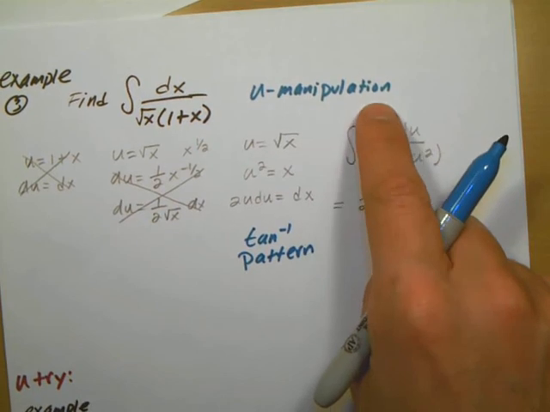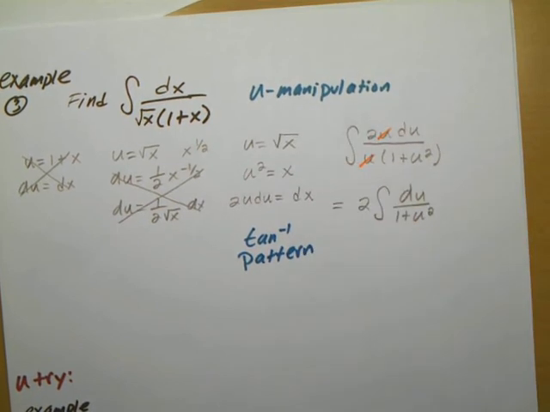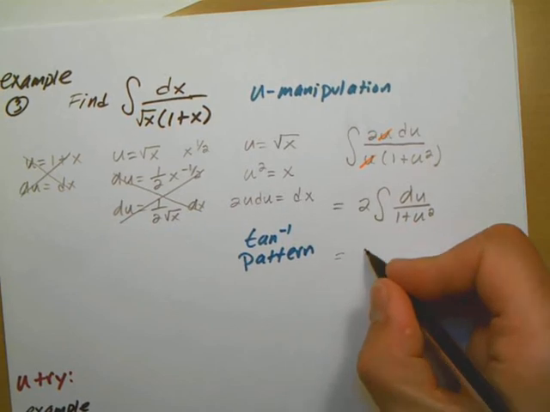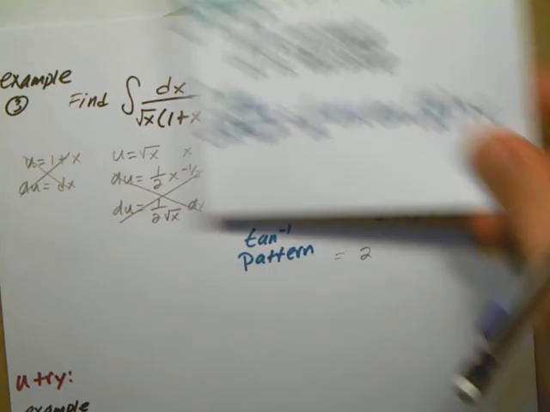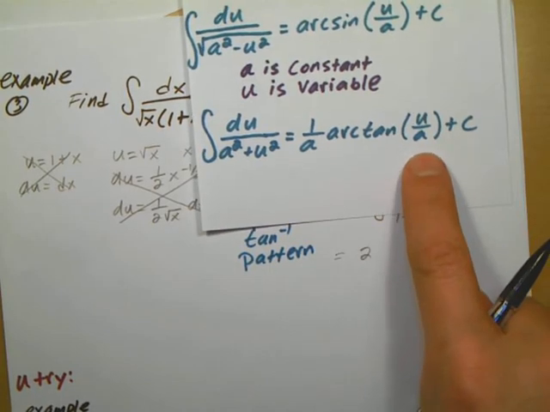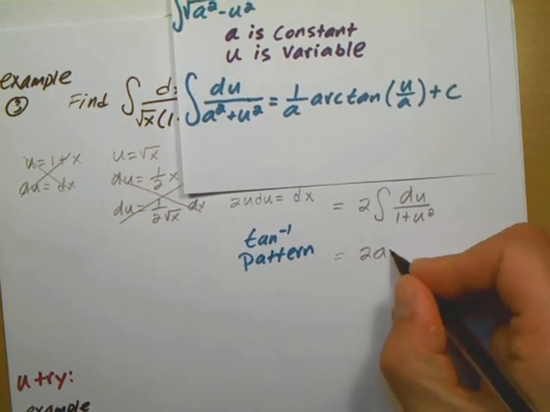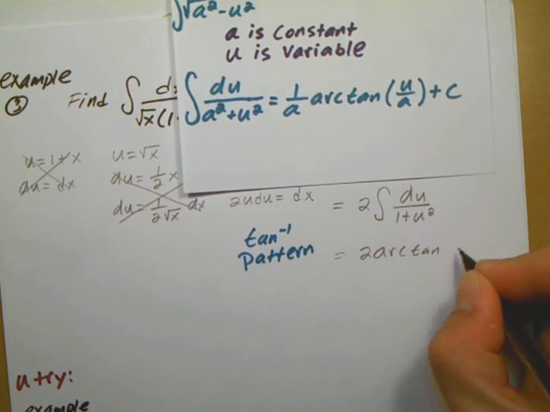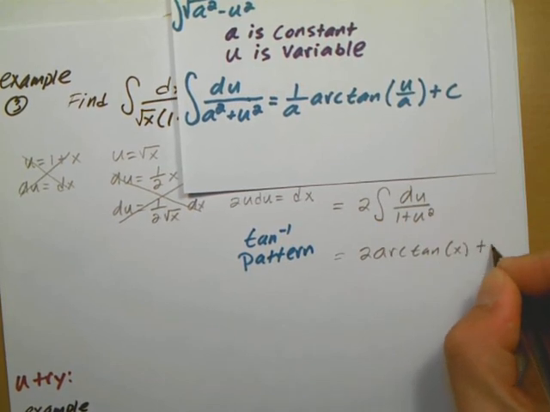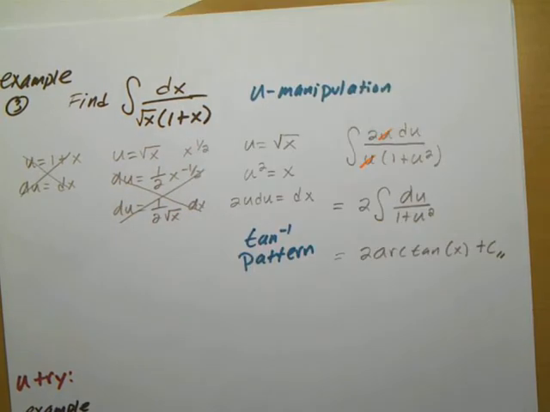So this started off as a u manipulation and turned into matching one of the arctangent patterns. So it's going to be a 2, and again a is the constant, so a is going to just be 1, so it's going to be 2 arctangent of square root of x plus c, and that's the answer.